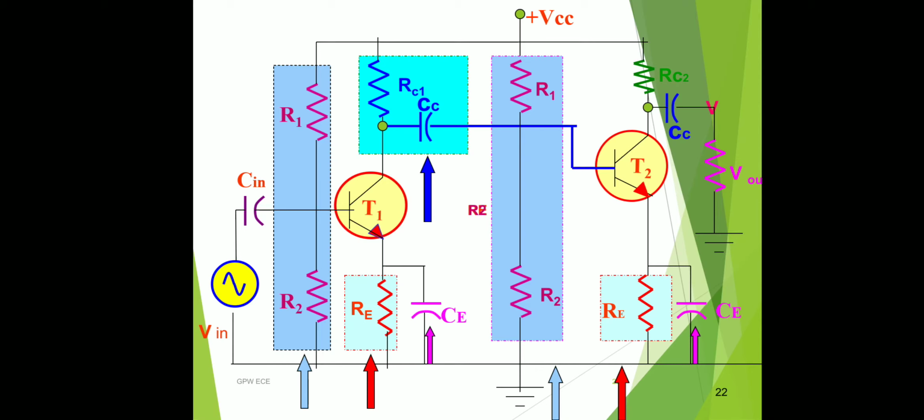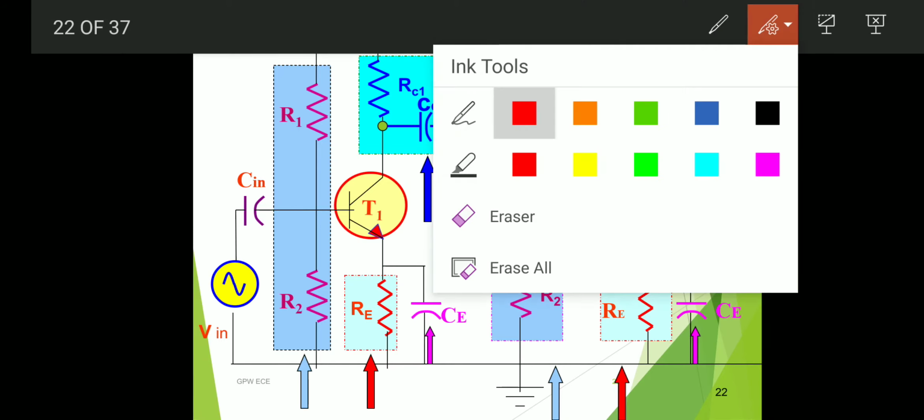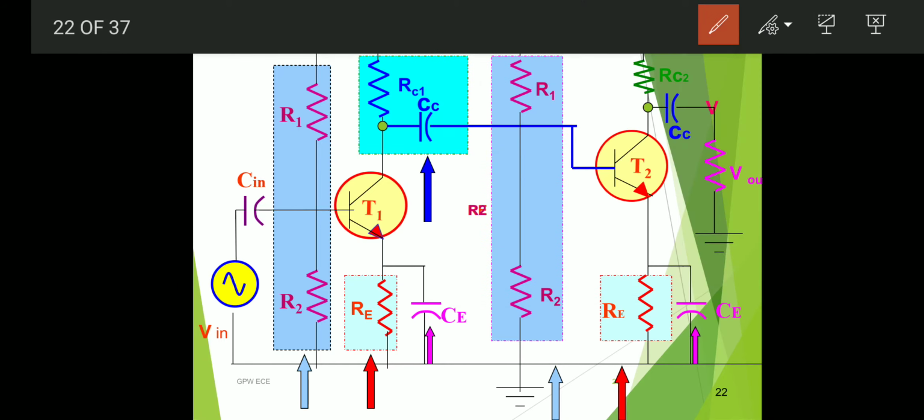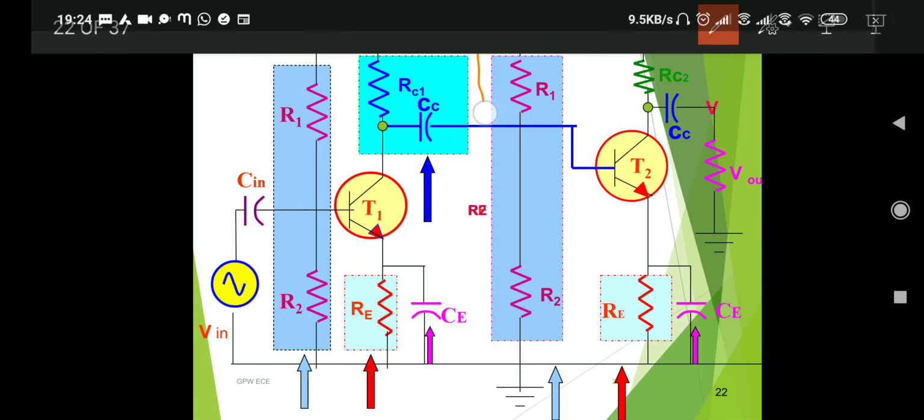If you observe this block diagram, there are T1 and T2 transistors. T1 is the first stage transistor, and this is the second stage. This part is the first stage, and this one is the second stage of the amplifier: two single stage RC coupled amplifiers.